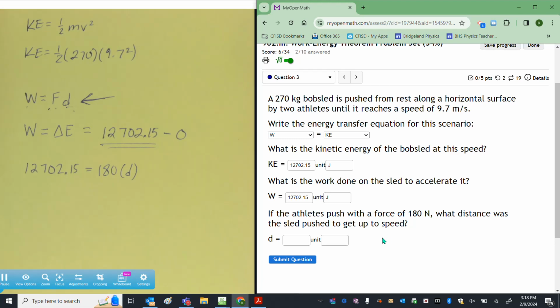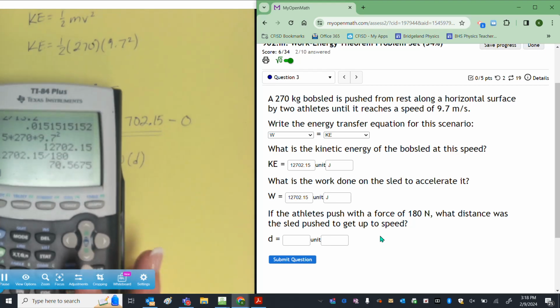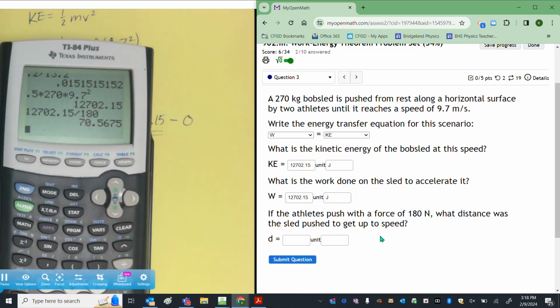Which is equal to this value right here, 70.5675. I only need 2 decimals, so I'm going to round that to 70.57 meters.